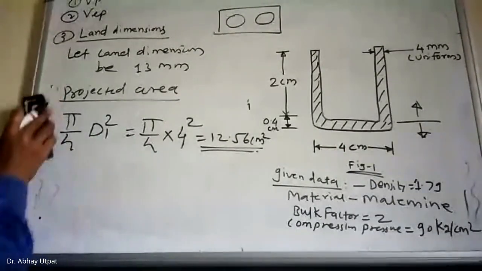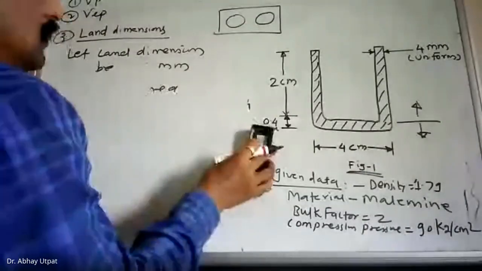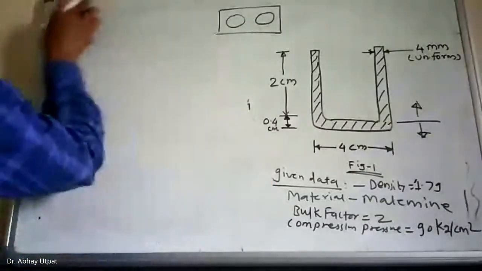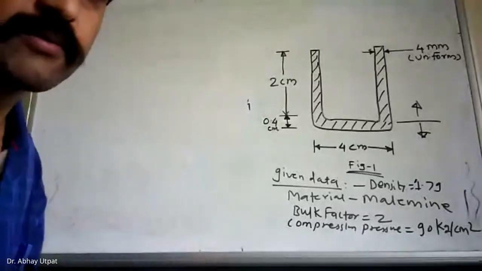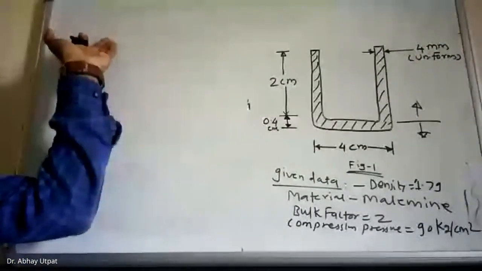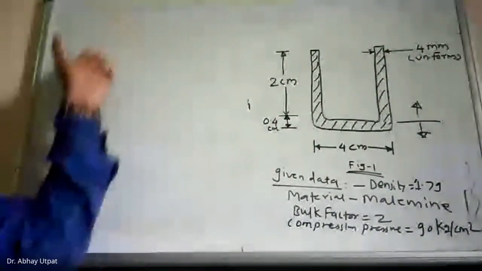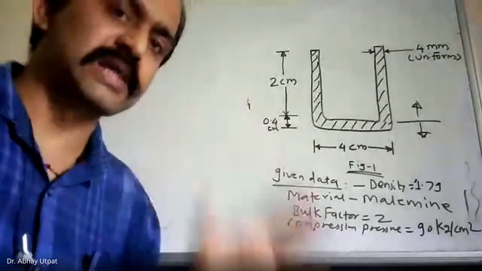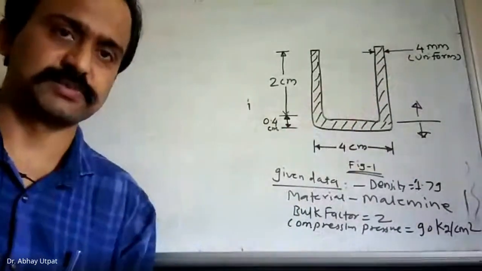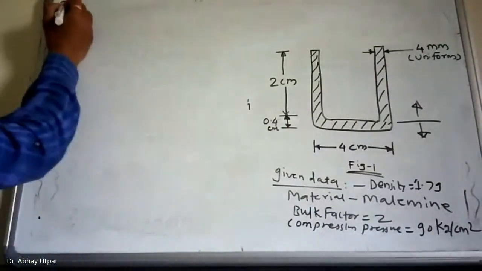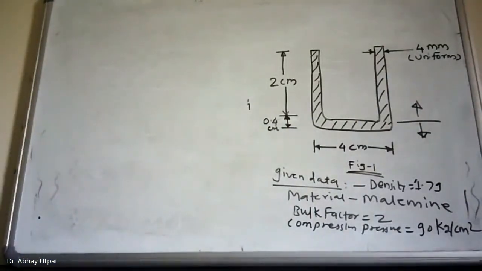Fifth parameter. You may ask, sir, why these parameters? We don't know why you are considering projected area, why you are considering volume of loose powder. Because these are the steps to be followed while designing the compression mold, and as per standard, we have to take all these concepts. So next one, point number 5.